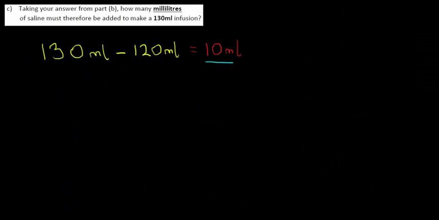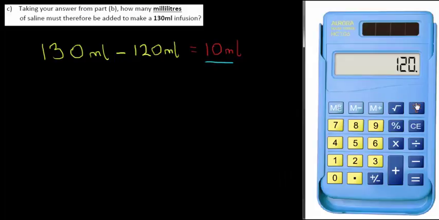And finally, the last part, we were asked how many milliliters of saline must be added to make a 130 milliliter infusion. It's just 130 take away 120. And that confirms our final answer.